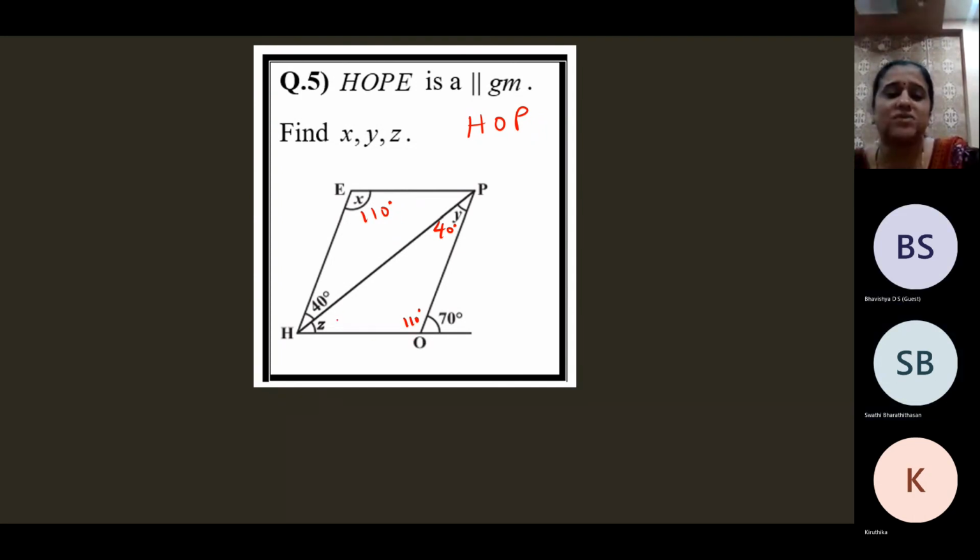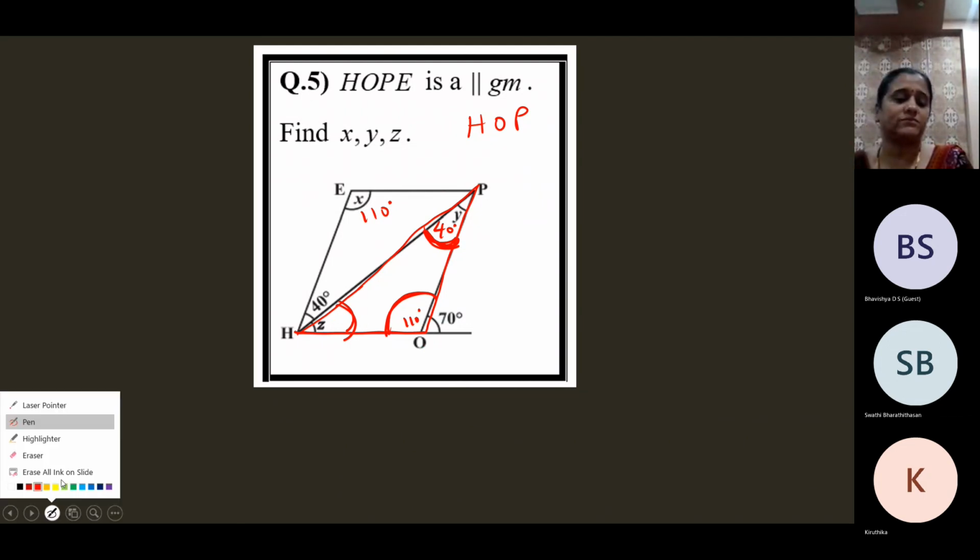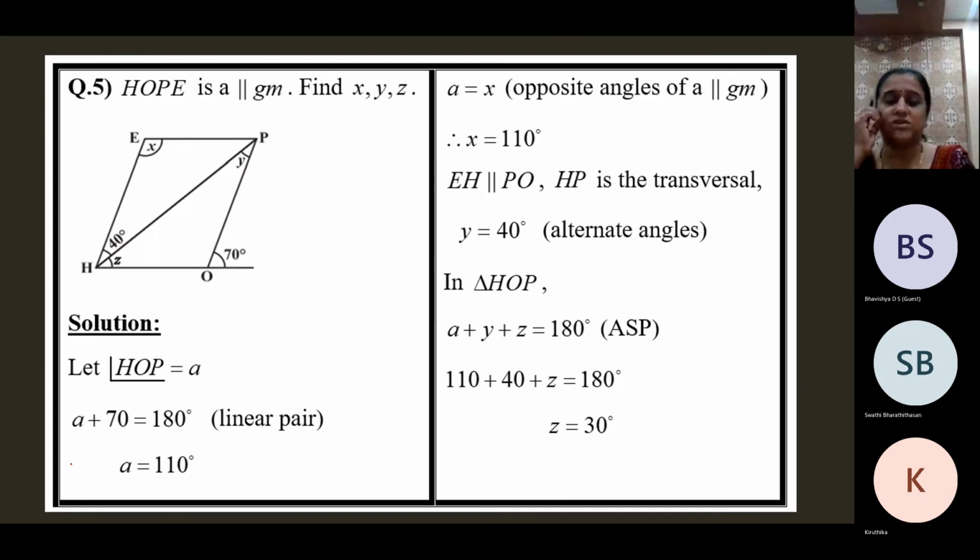So see here, HOP is a triangle. So 110 plus 40 plus Z is equal to 180. This angle 110 plus this one Y, which is 40, plus Z is equal to 180. Working that, you will get Z. Okay, very good, children.